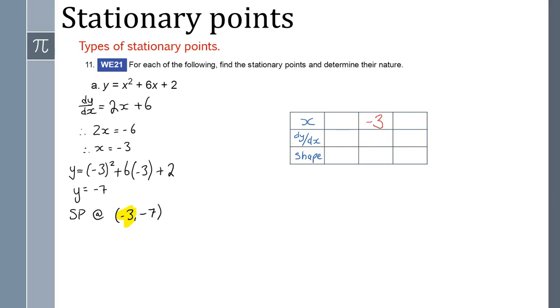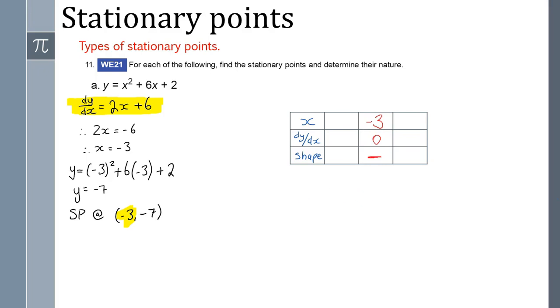Okay, so when x is -3, I want to know what dy over dx is, or the slope is. Okay, I've already got that here, dy over dx. I've already done it for you. So we're just going to plug in 2 times -3 plus 6. Okay, -6 plus 6. The slope is 0, which means it's flat. Okay.